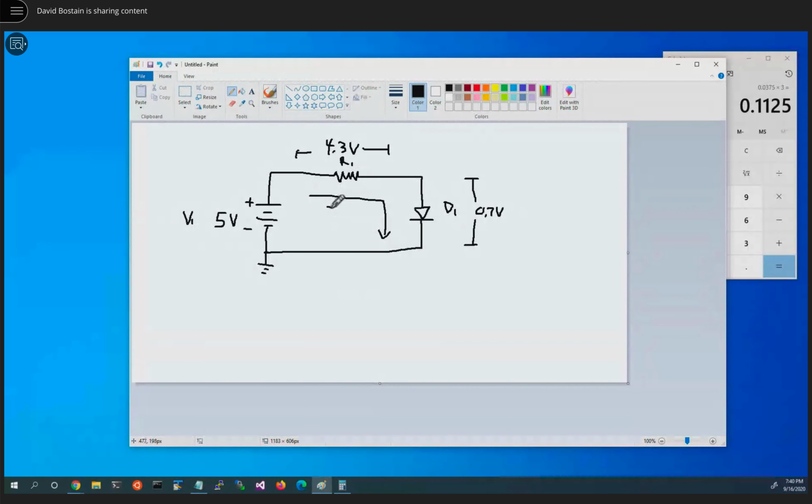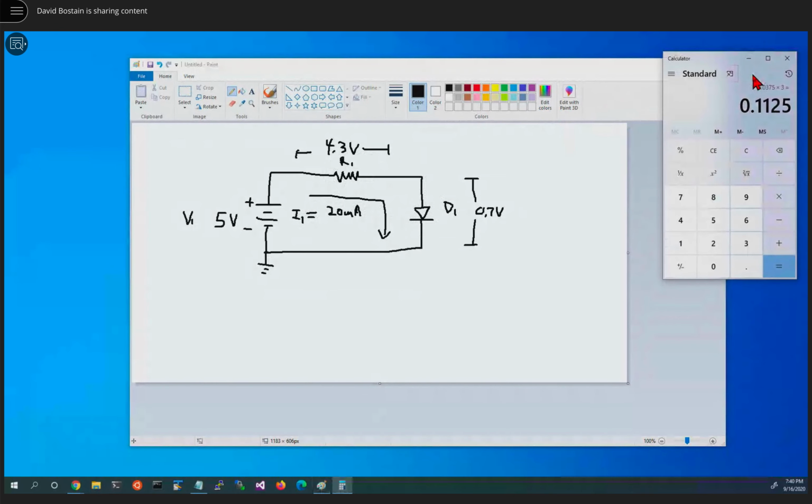We want to have 20 milliamps. We'll call that current I1. Well, that says that the diode is going to also have 20 milliamps flowing through it. So we look at its data sheet and make sure that it can handle 20 milliamps, and it can. So we can now consider here what value resistor we need.